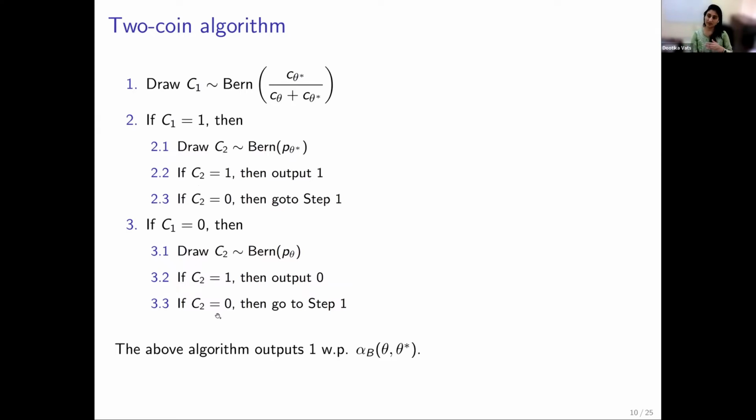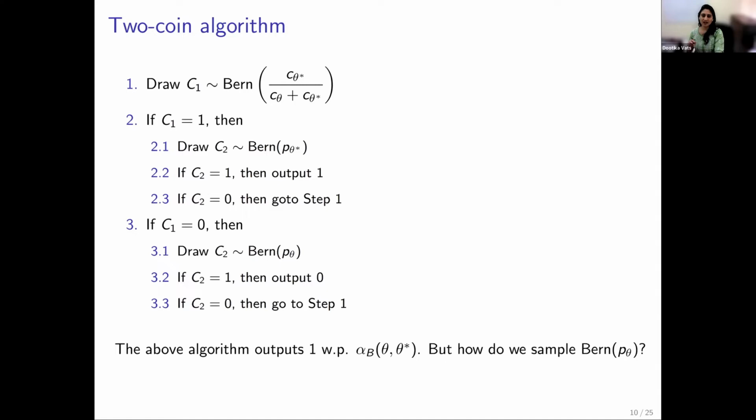And if the second coin turns out to be 0, then you go back to step number 1. Now, it can be fairly easily shown that the above algorithm outputs 1 with probability alpha B, which is the Barker's acceptance probability. So if I take this algorithm and embed it into my second step of my accept-reject MCMC, this gives me a Barker's MCMC algorithm.